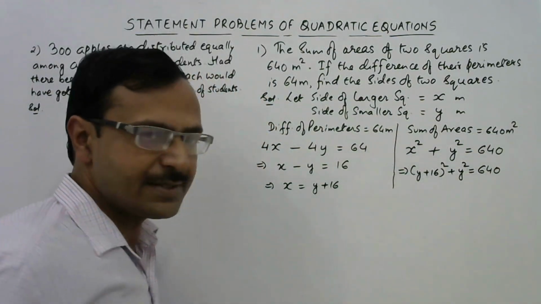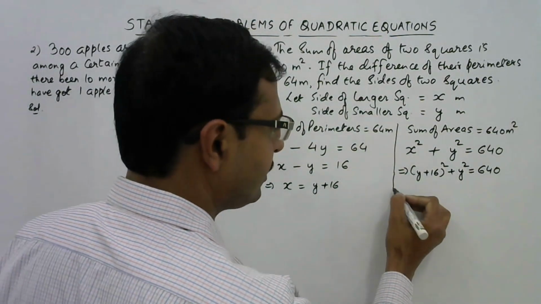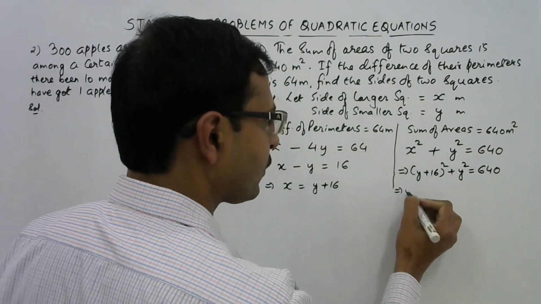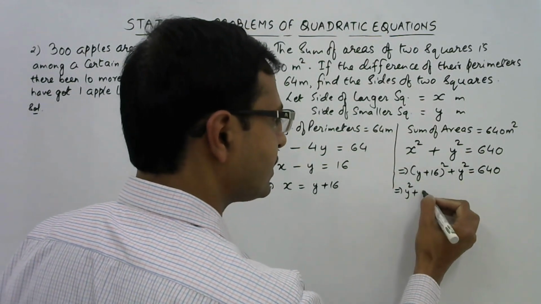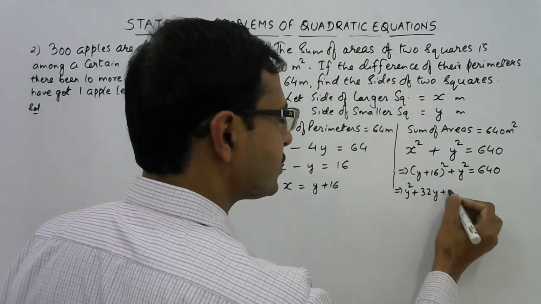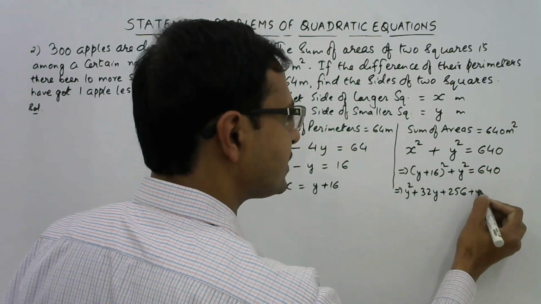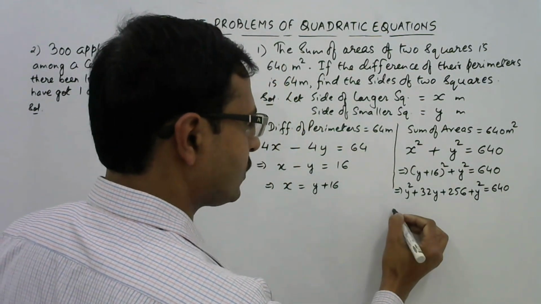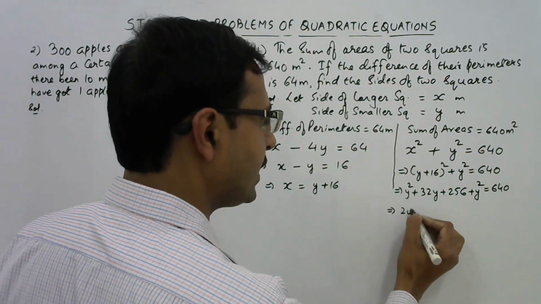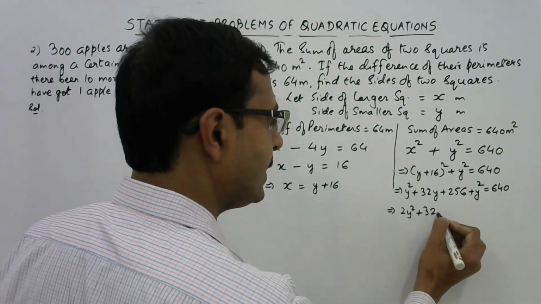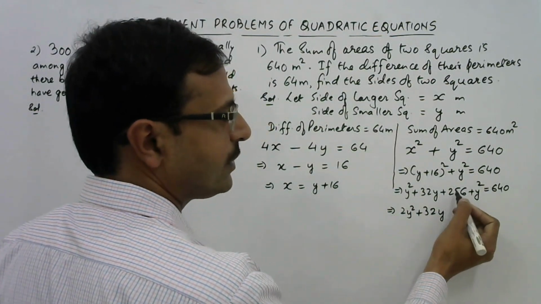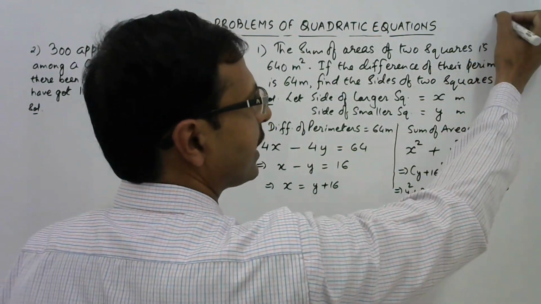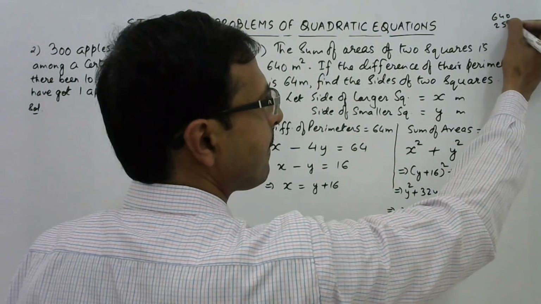And now you can solve this using the traditional method. This will give you y square plus 32y plus 256 plus y square equal to 640. So this equation will be 2y square plus 32y and 256 minus 640. So you need to subtract 640 and 256.